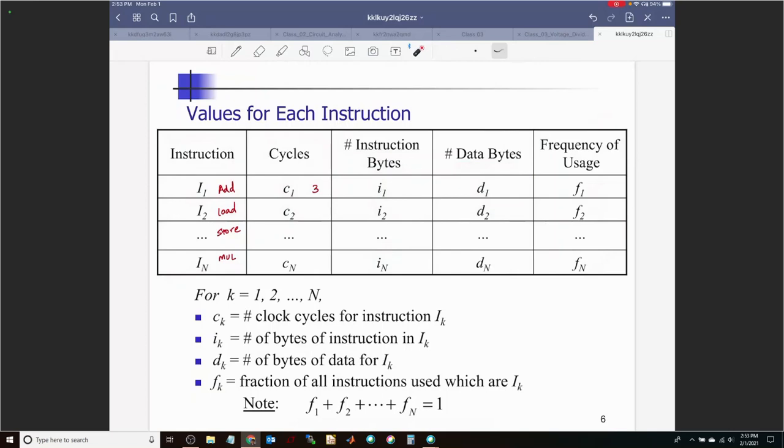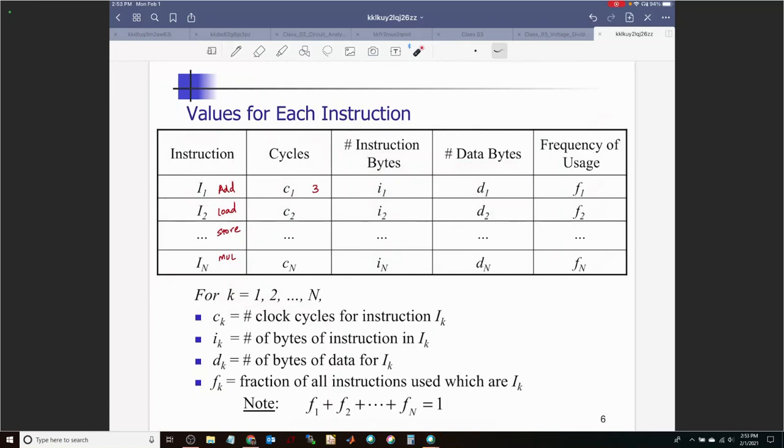Smallest time that it takes. You're trying to increase the frequency of that. If you do, then you would have reduced the overall time that is taken for all the instructions. So k is representing the subscript here, which is for n different instructions.